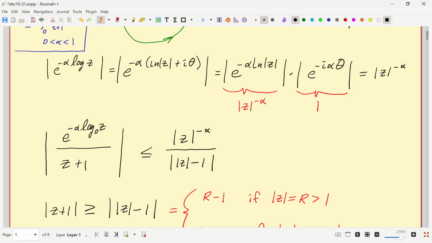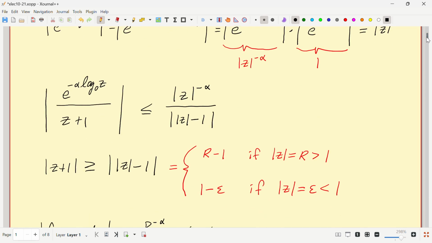The modulus of z plus 1 is greater than or equal to the absolute value of the modulus of z minus the modulus of 1, which is 1. And there are two cases to consider. If the modulus of z is equal to r, and that's bigger than 1, then the thing in the denominator would be r minus 1.